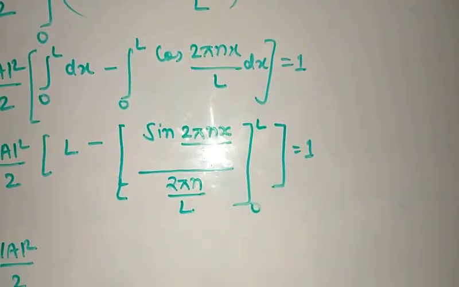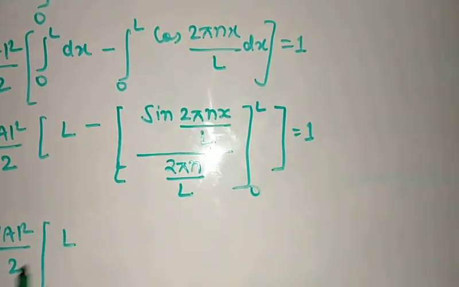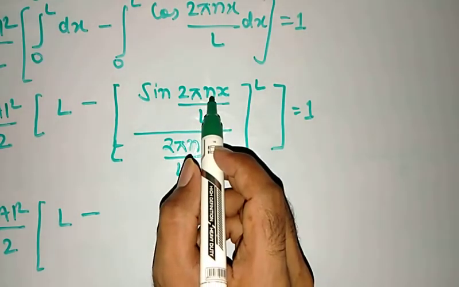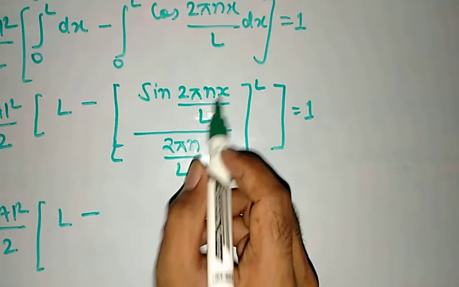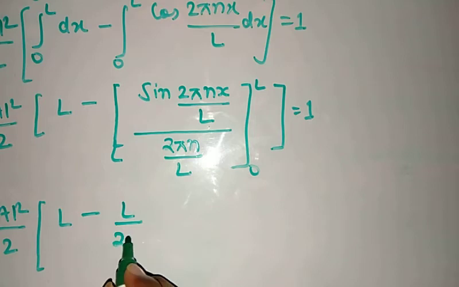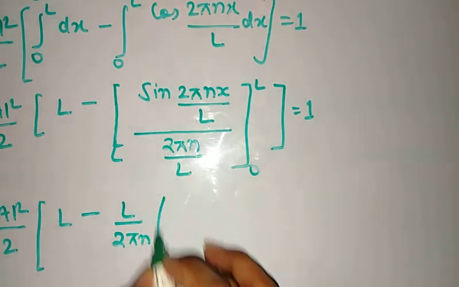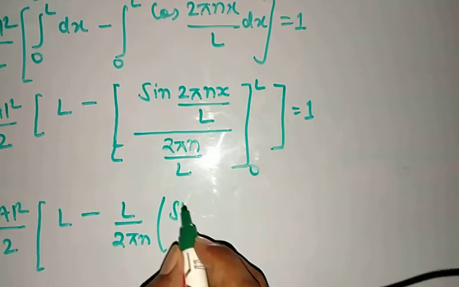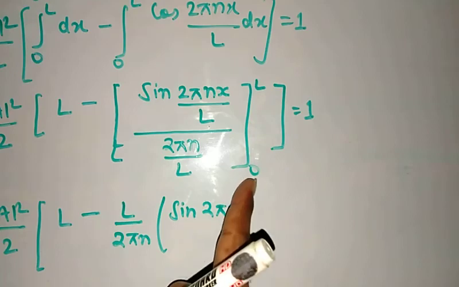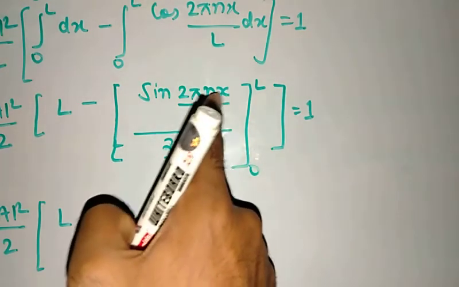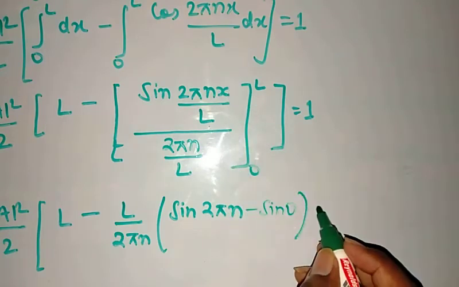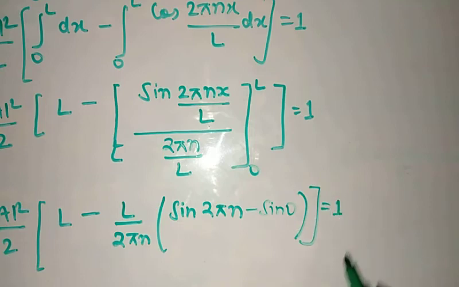Proceeding to L minus, when you put the value L here, this L will cancel out, so we can write sin 2 pi n, and when we use 0, this will be sin 0, so minus sin 0 is equal to 1.